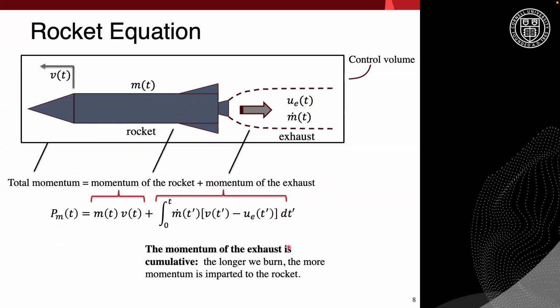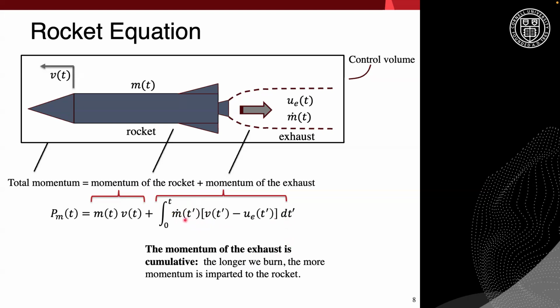And then we have this second term, which is the momentum of the exhaust gas. And the momentum of the exhaust gas is cumulative. So the longer we burn, the more momentum is imparted to the rocket. And the term here is a product of the mass flow rate of the exhaust gas, m dot, times the velocity of the exhaust gas in the initial reference frame, which is v minus ue, times dt.